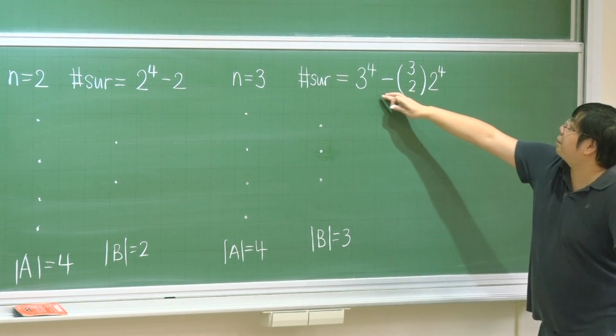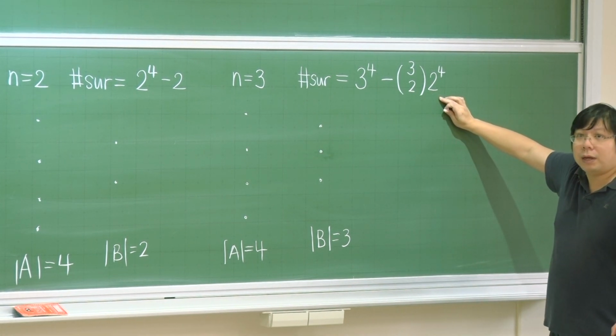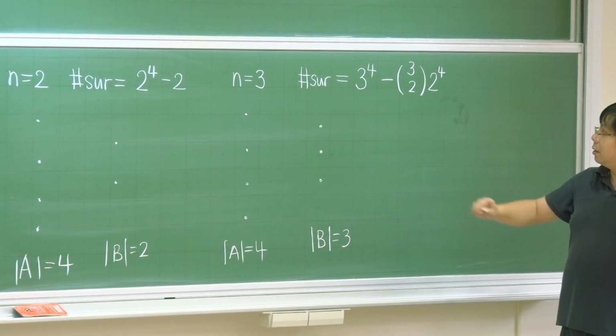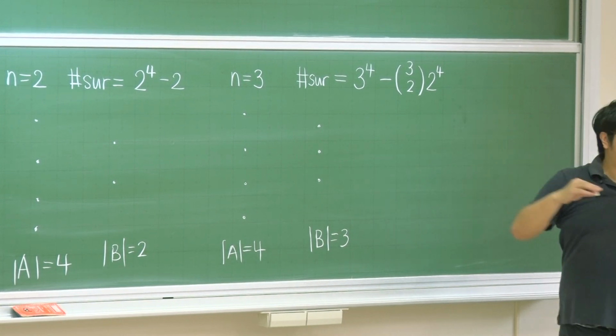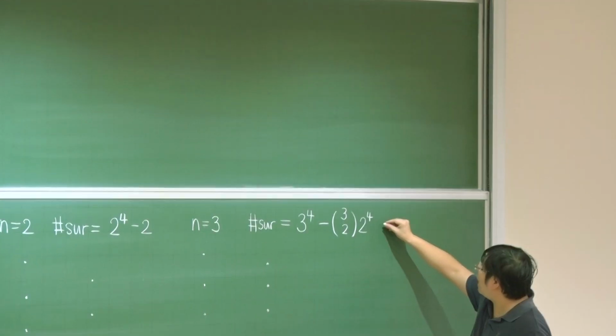So we have so far up to this one. But now we have actually over deducted. The total number of functions minus these many, but we are minusing too much. We have to add back what?